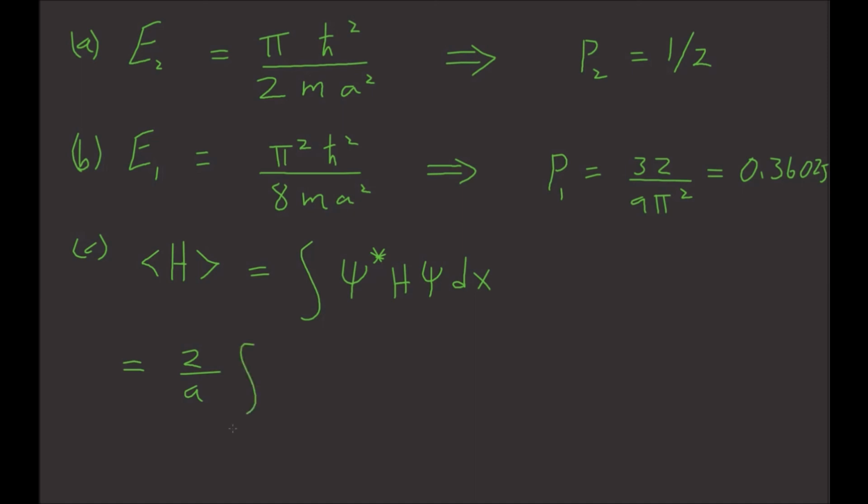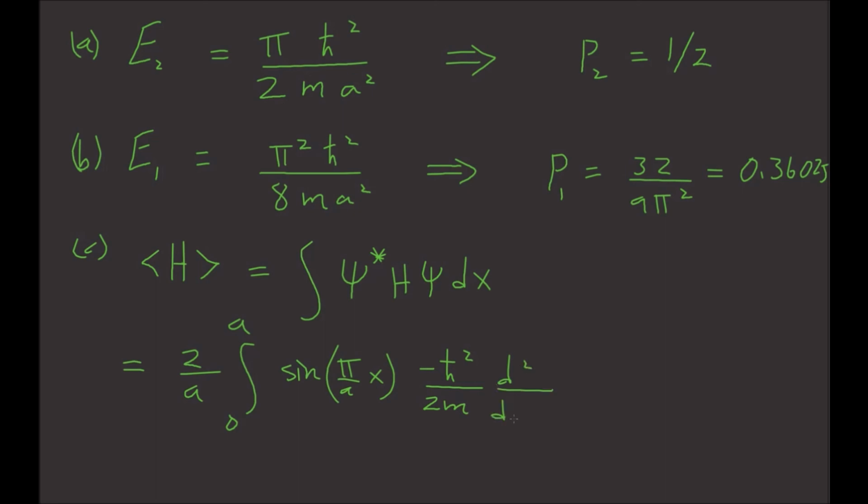That's the integral from 0 to a of sine of pi over a times x times the Hamiltonian, which is h bar squared divided by 2m times the second derivative.